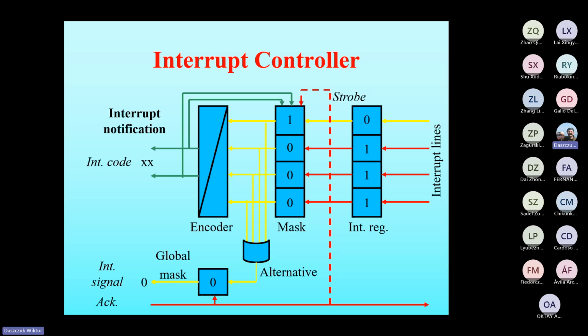This new mask is prepared by the encoder in advance. Typically, the new mask masks the line on which we accepted the interrupt, and all with lower priorities.